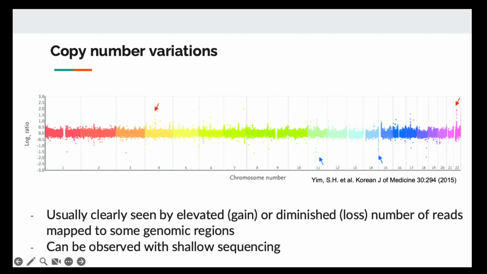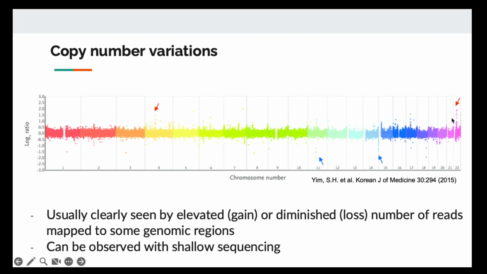So when you plot this kind of graph where the x-axis is the chromosome location, so these are chromosome 1, 2, 3, 4, 5, and base pair from 1 to the chromosome length. And the y-axis here is the number of reads that you have in your sample compared to a reference control. So let's say you have a healthy patient where you know that his or her chromosome copy number is normal, always 2.